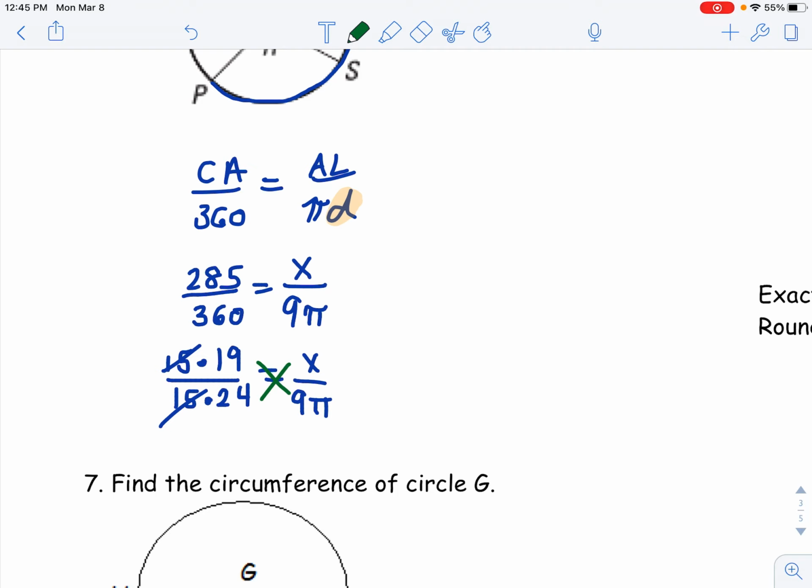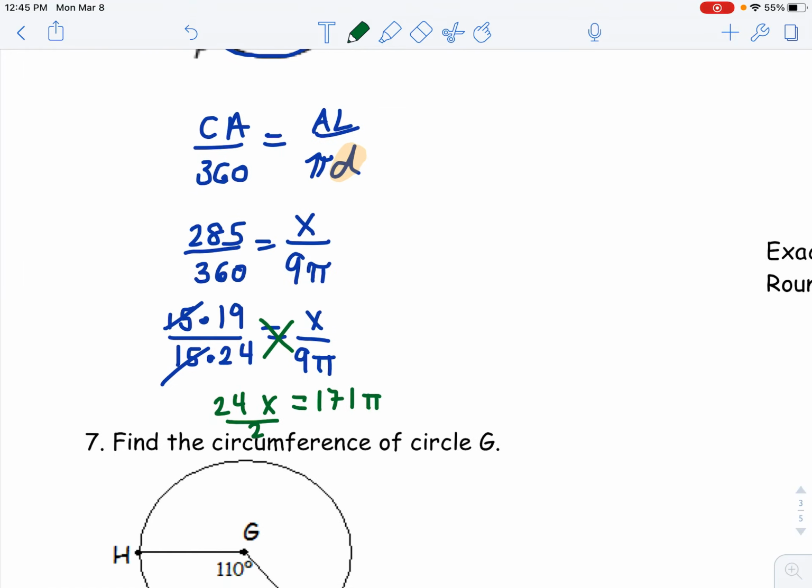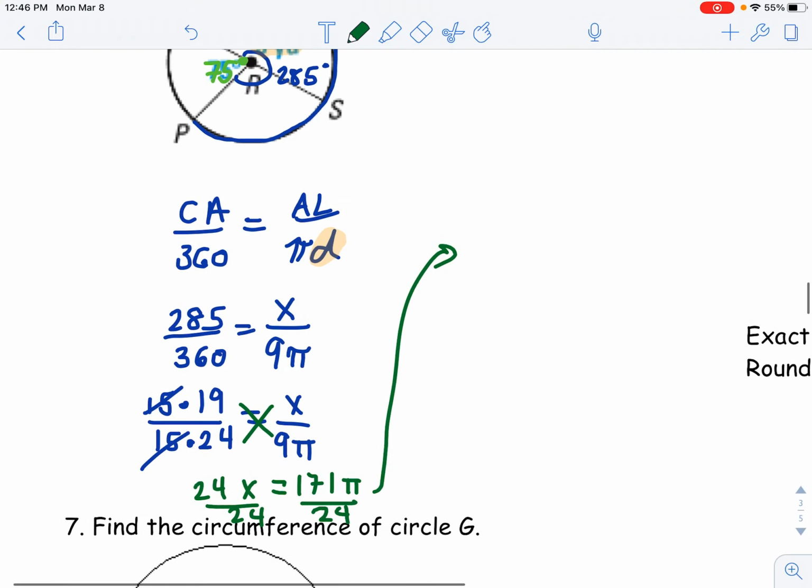From there, you cross multiply. So I'm going to get 24x, and what's 19 times 9? 171 pi. And then just divide both sides by 24. We're going to get x equals 171 pi over 24. And let me do some thinking. I don't think 171 or 24 have any common factors.